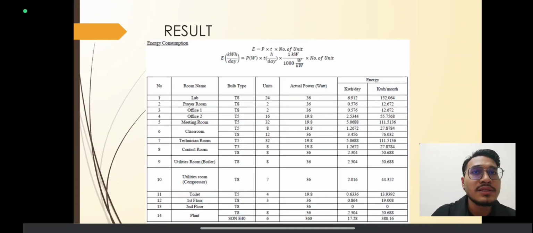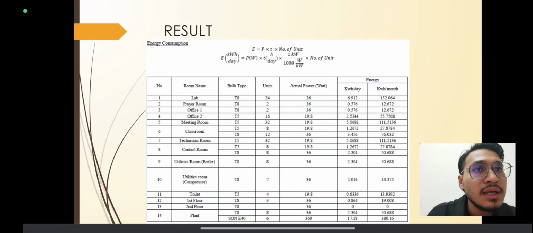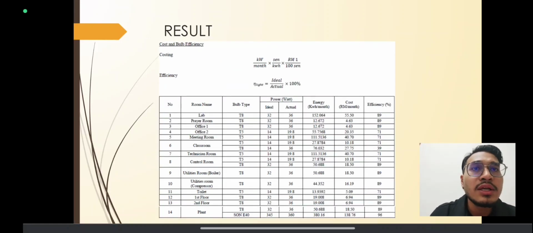The next is the table of energy consumption using the formula E equals P times T times the number of units, and then we got the energy consumption for each lamp from each room. The third one is cost and bulb efficiency.